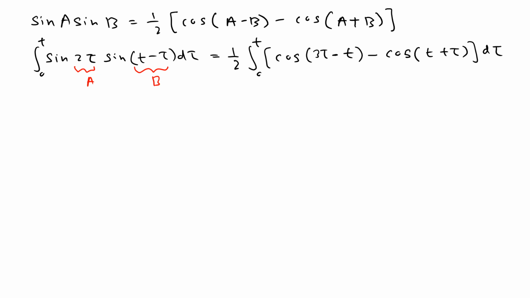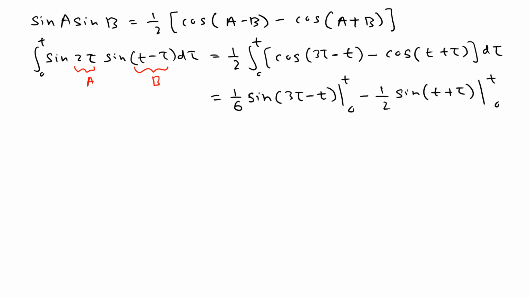These are very easy to integrate because t acts as a constant. So the first one is simply going to be 1/6 sine of 3 tau minus t, from 0 to t, minus, and here 1/2 comes outside, sine of t plus tau, putting in t and 0.